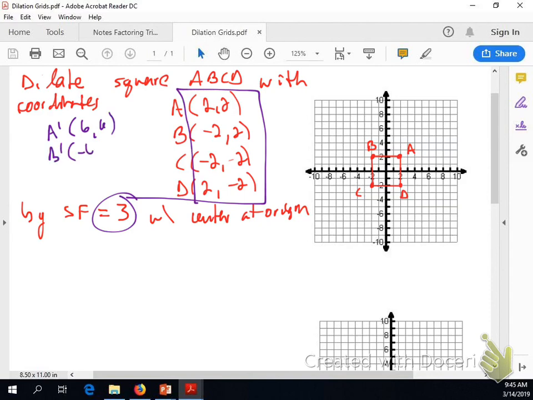And so if we do that, we get these points here. And then we can go plot those points. So A prime would be at 6, 6. B prime would be at -6, 6. C prime would be at -6, -6. And D prime would be at 6, -6.